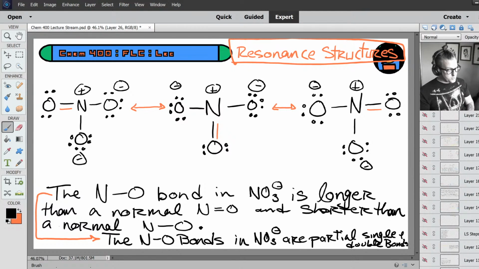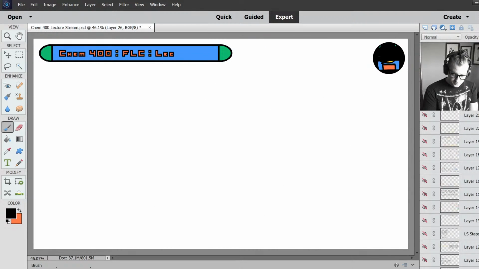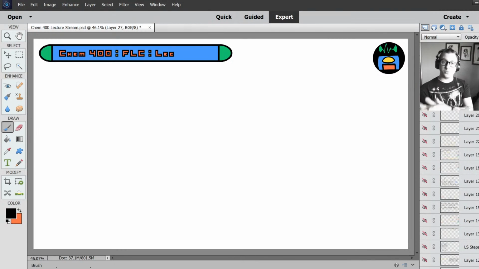Again, if you are going to go on and take organic chemistry, you're going to spend a ton of time talking about resonance structures, discussing resonance structures, diving into all of that rich information. All right. Now, let's stop for a minute and talk about how do we find the Lewis structure that is the best resonance structure.